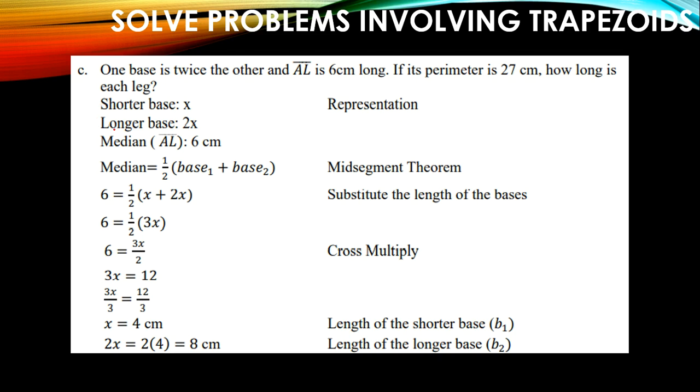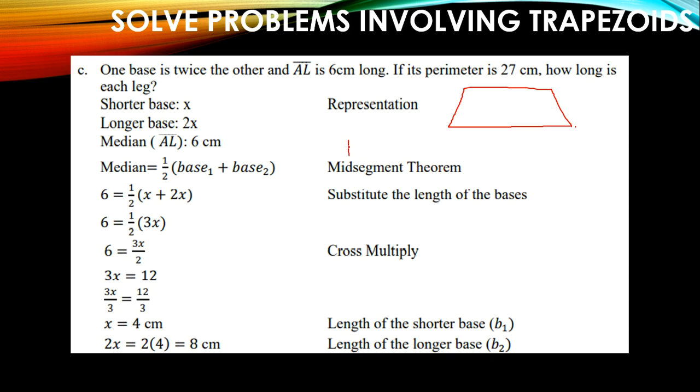Okay, next, since we are done with solving the shorter base and the longer base, let's solve for the legs of the isosceles trapezoid. We have the perimeter, which is 27 centimeters. We all know that the perimeter is the total distance outside, no? If this is the isosceles trapezoid, this side plus this side plus this side plus this side equals 27 centimeters.